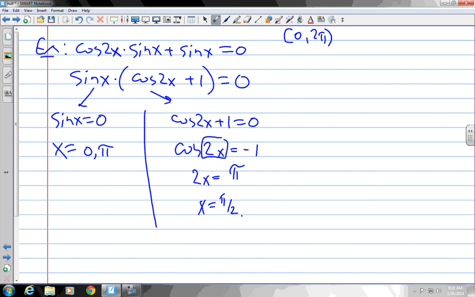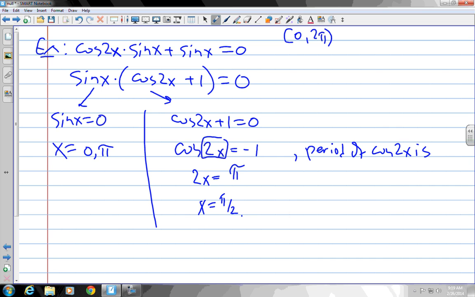Now, what is the period of this function? What is the period of cosine of 2x? Well, what's the period of just cosine without any junk?